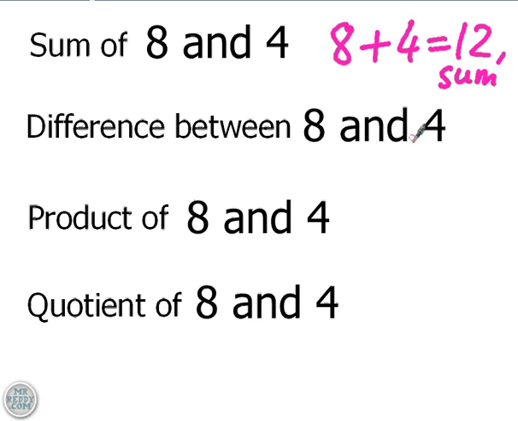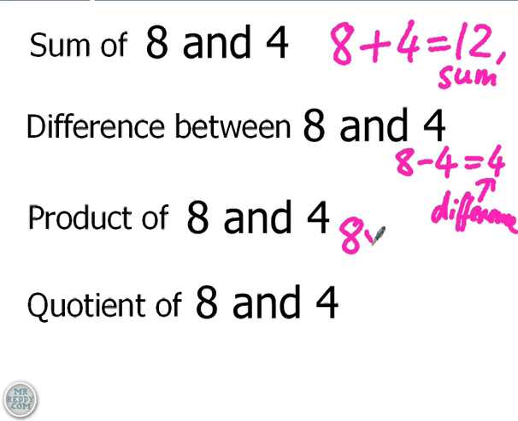The difference between 8 and 4, that means 8 take away 4. You get the answer 4. Here, 4 is the difference between 8 and 4. The product of 8 and 4. The product is the answer that you get to a multiplication problem. So 32 is the product of 8 and 4.